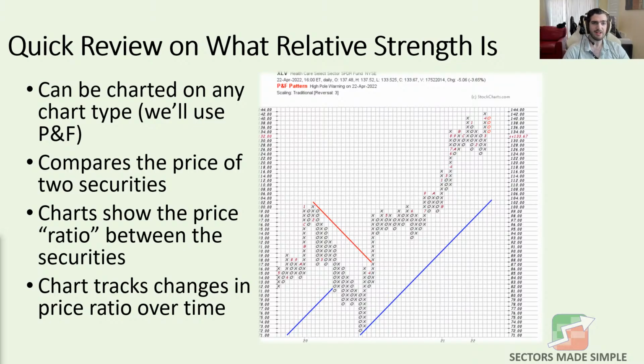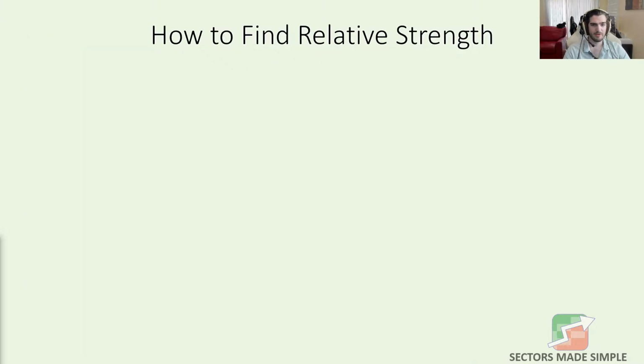So that's what relative strength is, but how do we actually find it? How do we go from the price of the healthcare sector ETF, XLV, to XLV compared to the S&P 500 ETF, SPY? So let's just do a quick example of actually creating relative strength. The first thing we need is what we are looking at.